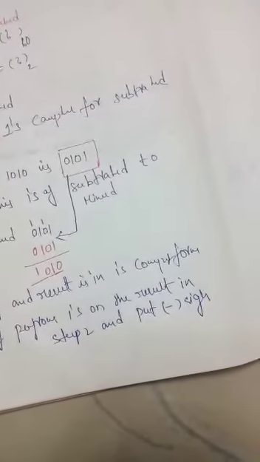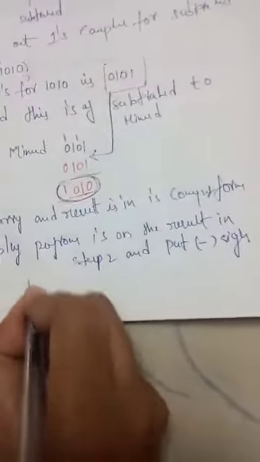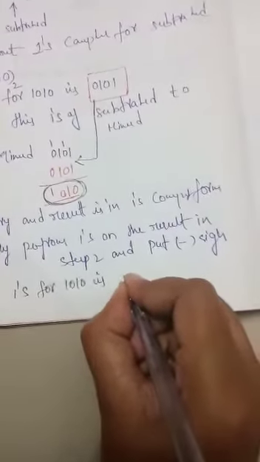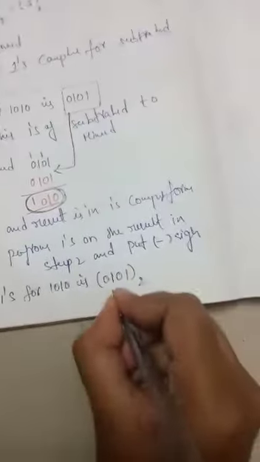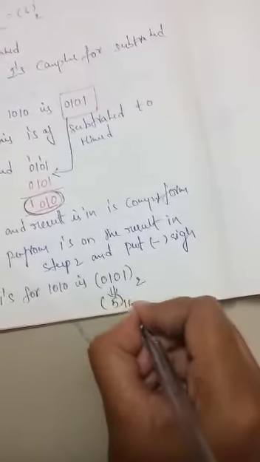This is the case. And if you observe here, this is the result in the second step. Simply perform 1's complement for this result. So the 1's complement for 1010 is 0101, which is nothing but 5 base 10.